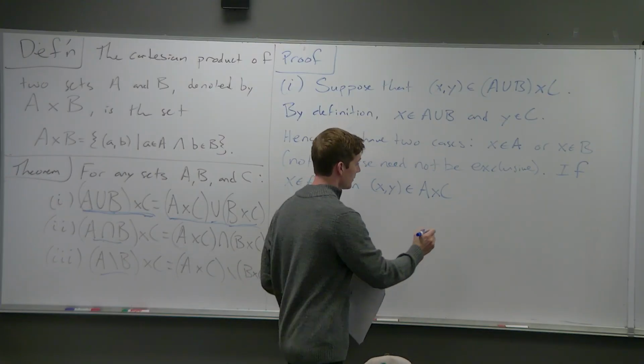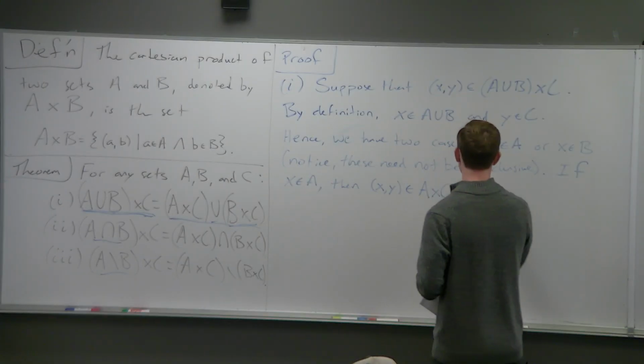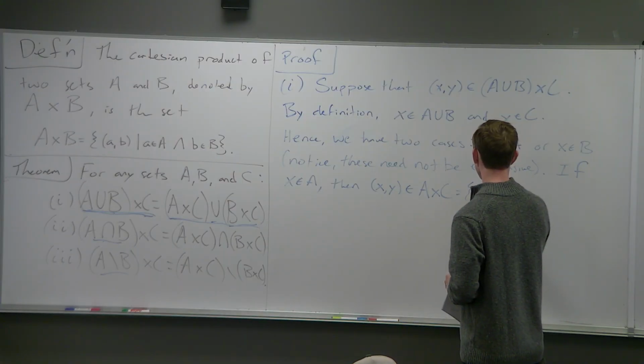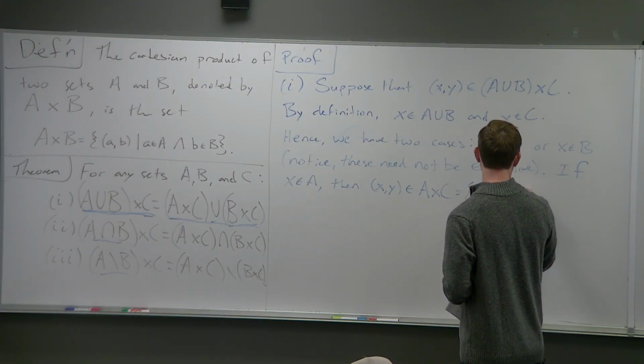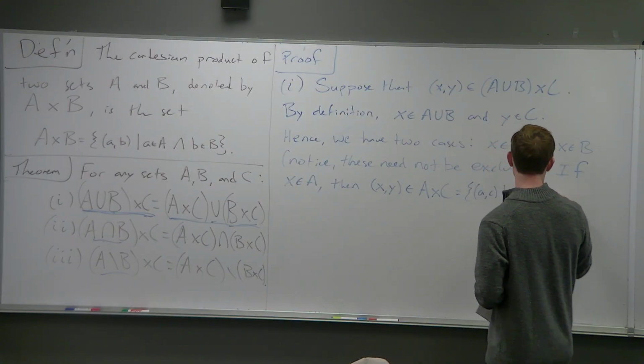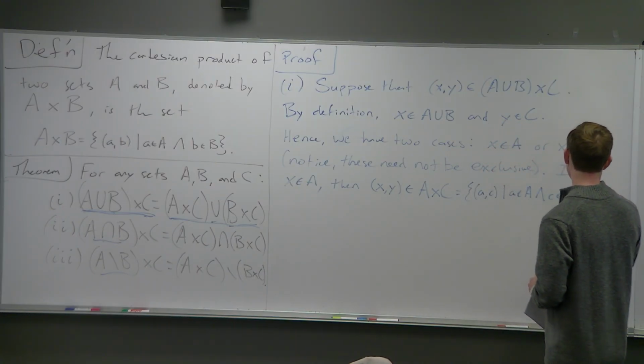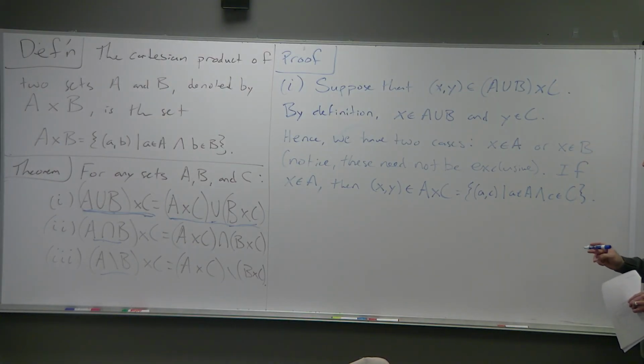Does that make sense? That is, this is the set of pairs (a, c) such that a is in big A and c is in big C. Right?